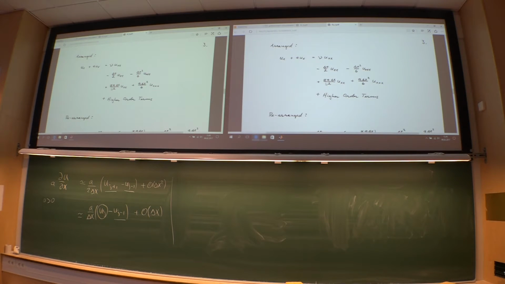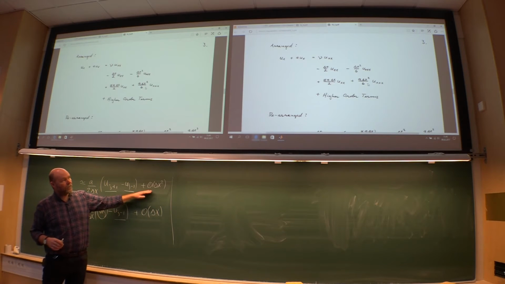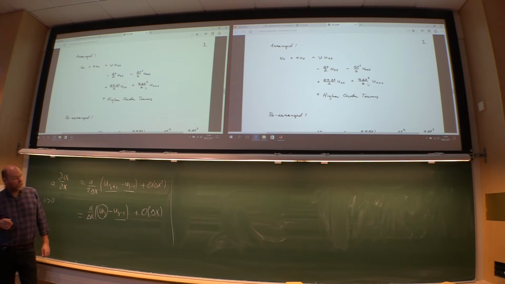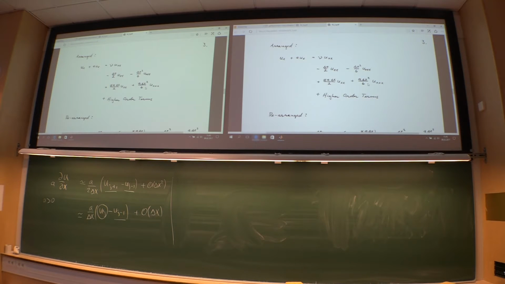If I choose alpha equal to 0, then I get rid of this term. Then this will be the biggest outer term in space. Then it is second order accurate. If I choose alpha equals 1 or anything different from 0, then this term is included, and that one is indeed first order accurate.